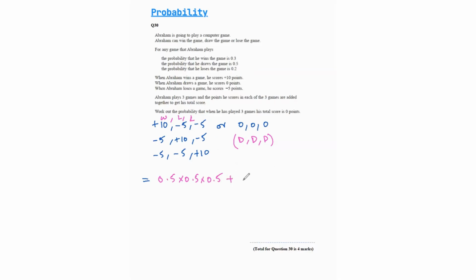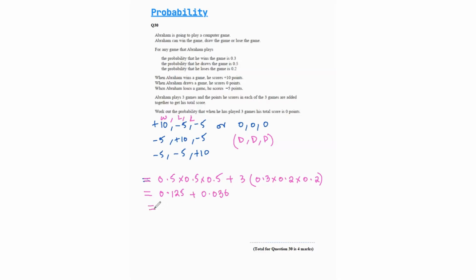So that's going to be 3 times 0.3 times 0.2 times 0.2, which gives us 0.125 and 0.3 times 0.2 squared times 3 is 0.036.